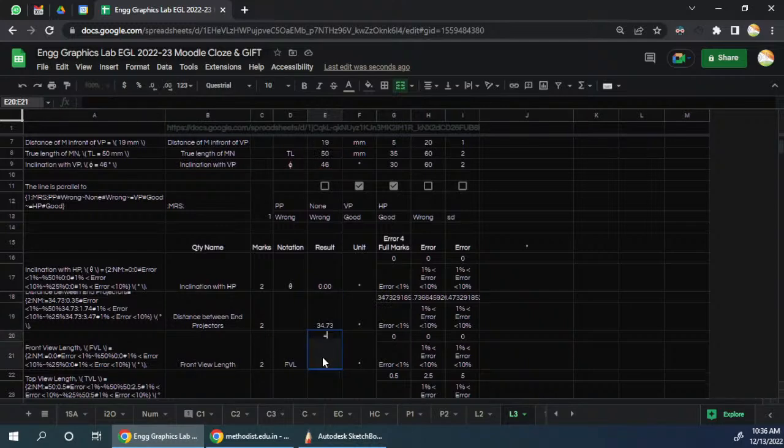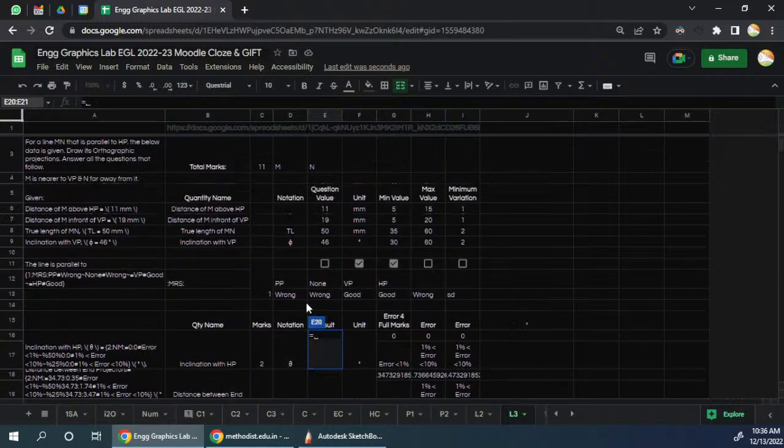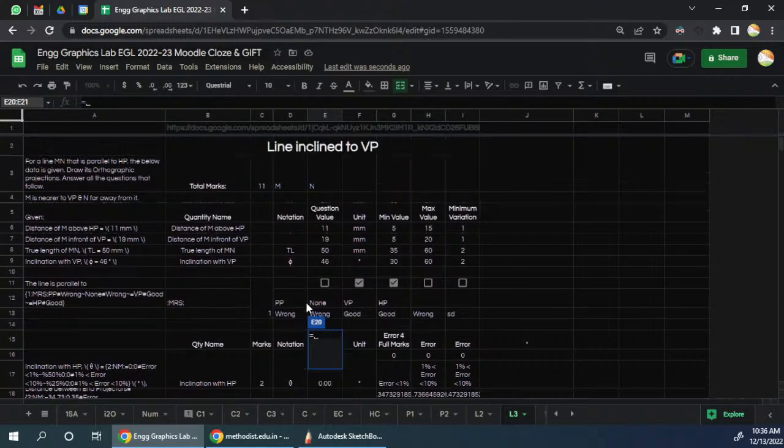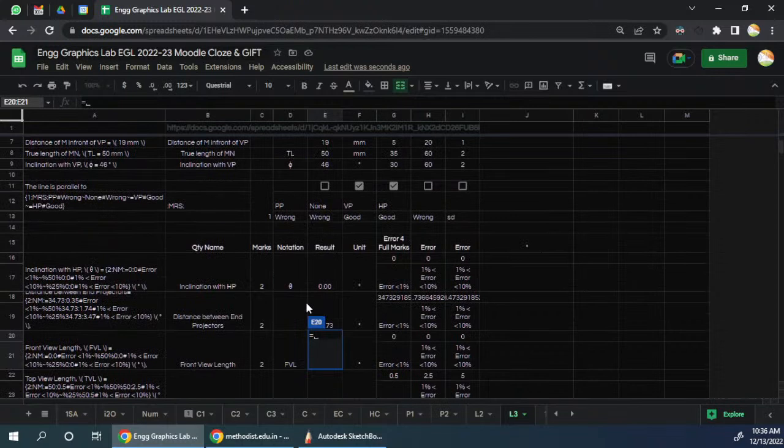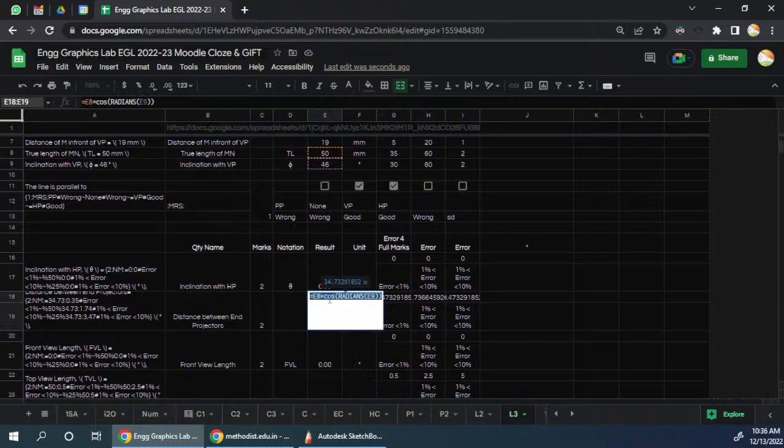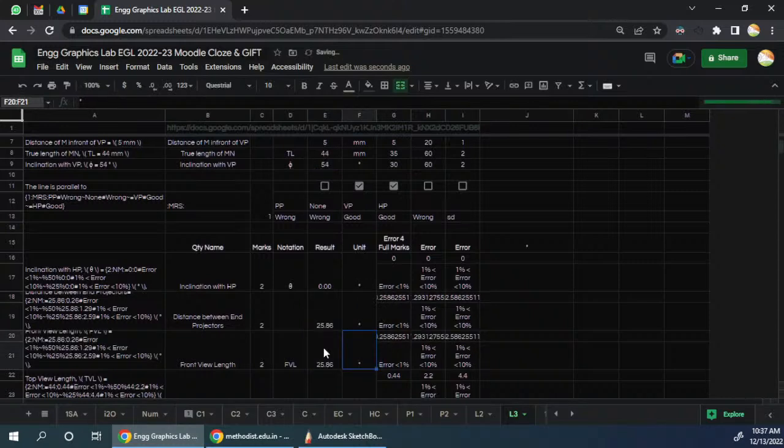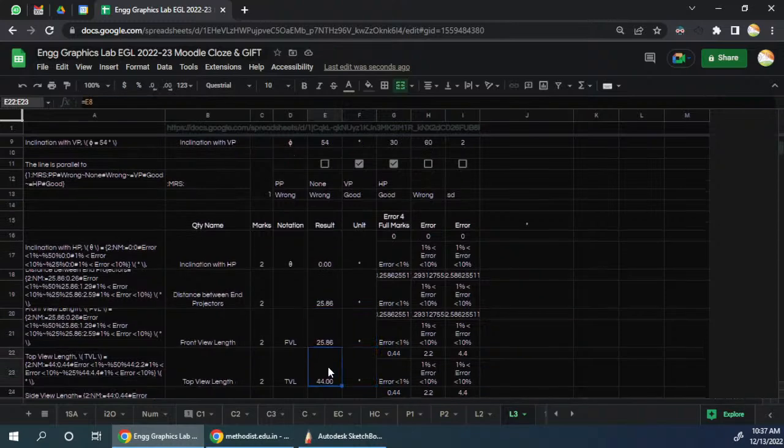Front view length: this is inclined to VP, so front view length is going to be the same as this one. Top view length.